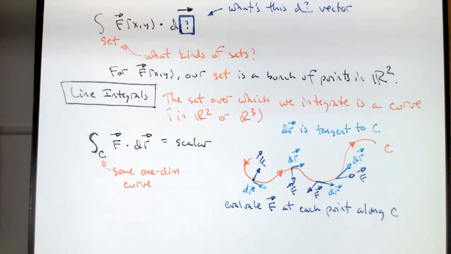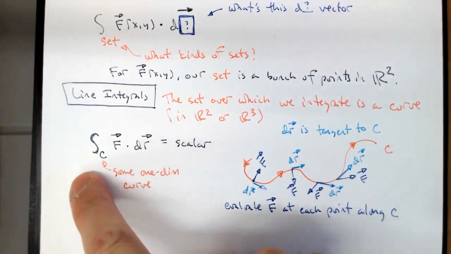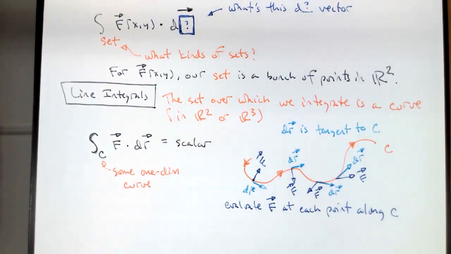The wind pushing on us, the direction we're trying to go, over the entire path. But we wanted to start off thinking about how integration works and upgrading it to deal with vector valued functions. What's it going to look like in general when we have vector valued functions in our integrals?